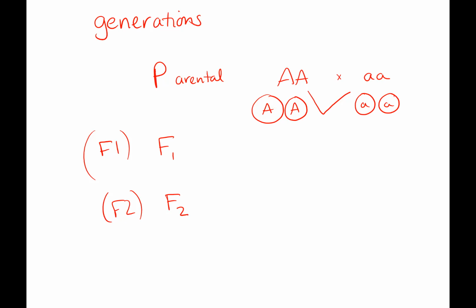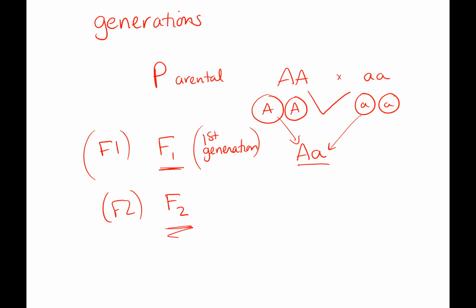And if we did a Punnett square, all the first generation are heterozygous, right? Because mom can only give a big A, and dad can only give a little a.